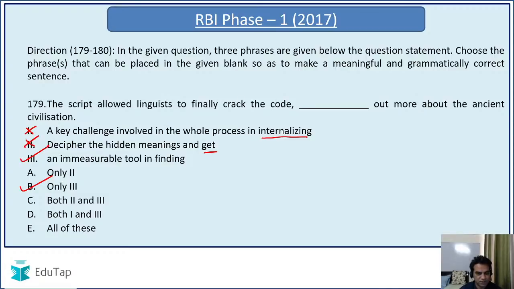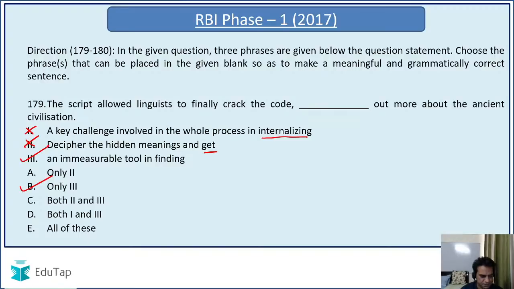So guys, that's why I told you this section is based on your logic, your grammar, and somewhat on your vocabulary as well. B is wrong because get out more basically means to go out more. That means to hang around. So decipher the meanings and not get out more. If it were find out more, then it would have been correct. But internalizing out or get out more, that's not grammatically correct, guys.